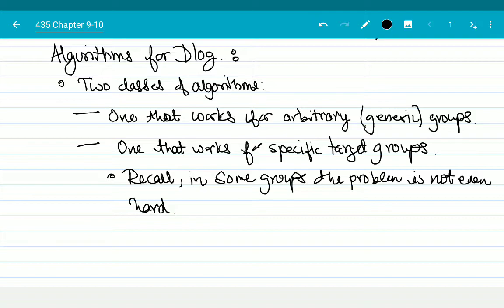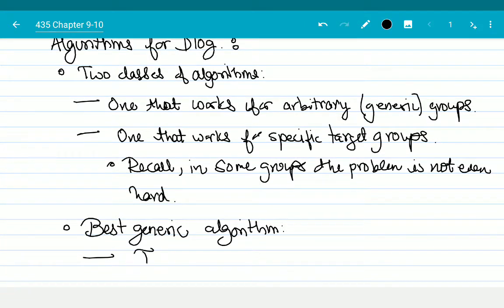So what are the best generic algorithms? Well, the best is still of the order of time 2 to the n over 2 in a group of order 2 to the n.